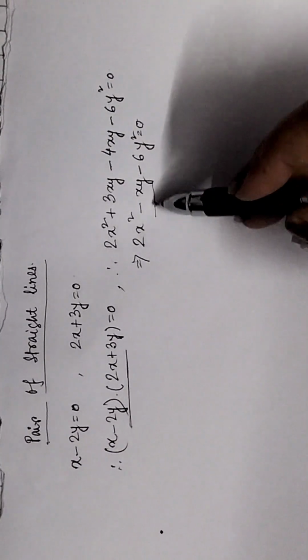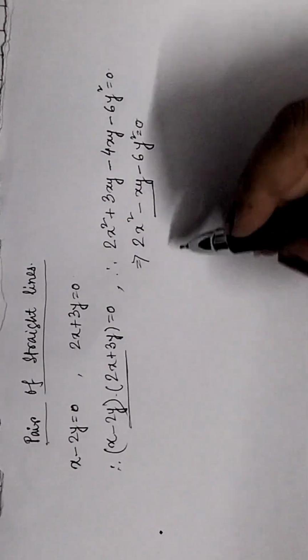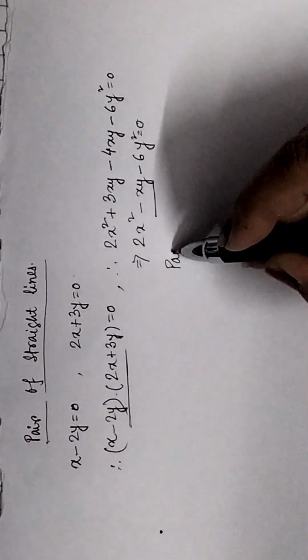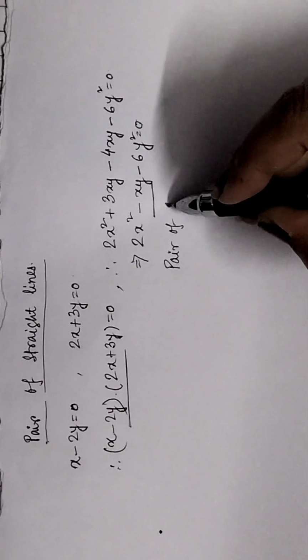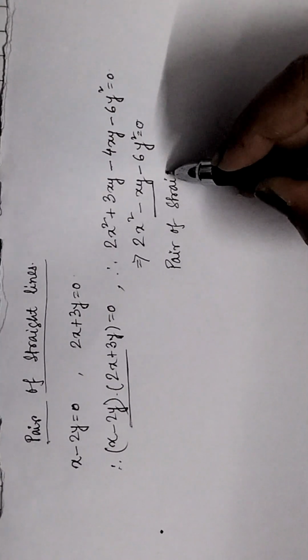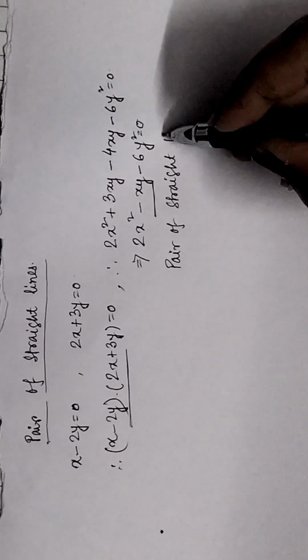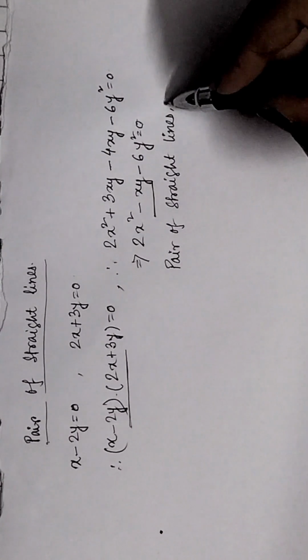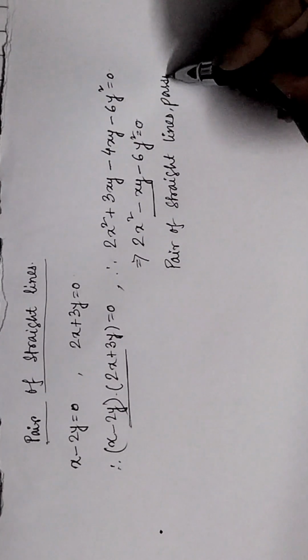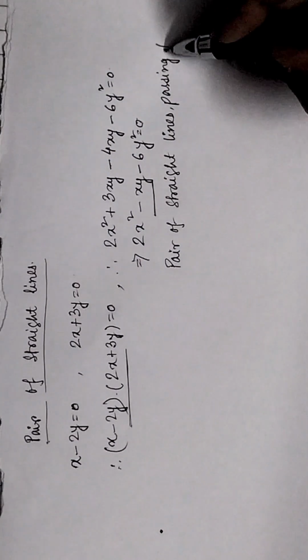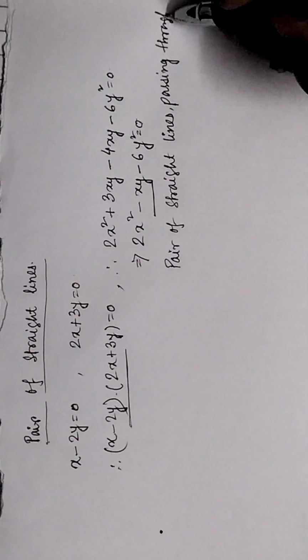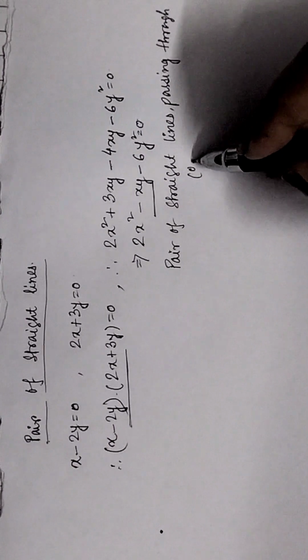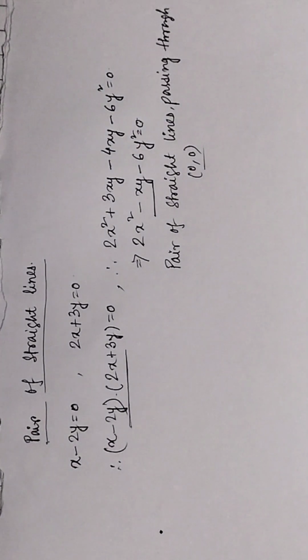So this is the equation of the pair of straight lines passing through 0, 0. Passing through origin means 0, 0. Okay, here both the lines are passing through the origin.